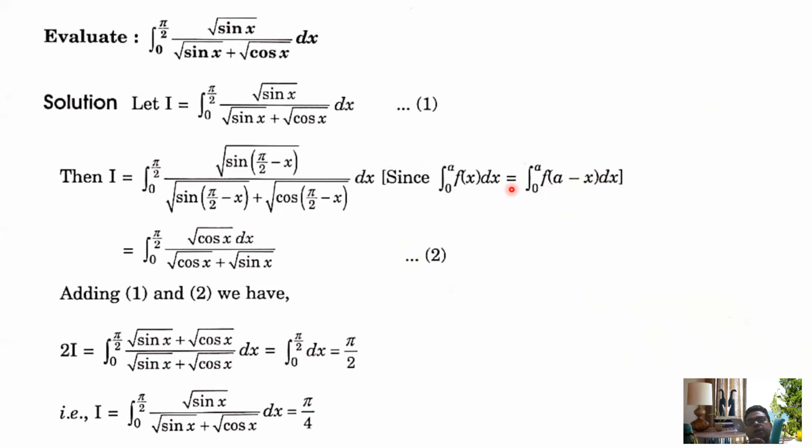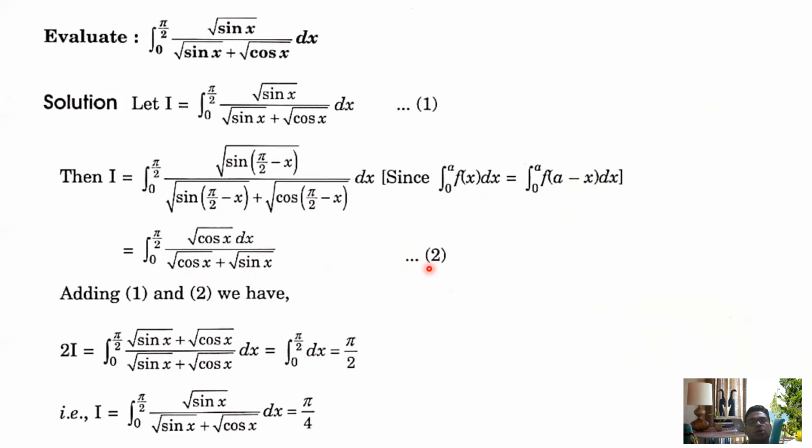So using this property, I is equal to 0 to pi by 2 square root under sine of (pi by 2 minus x) by square root under sine of (pi by 2 minus x) plus square root under cos of (pi by 2 minus x) dx. Already you know sine of (pi by 2 minus x) is equal to cos x. So what you are getting, that is I is equal to 0 to pi by 2 root under cos x dx by root under cos x plus root under sin x.